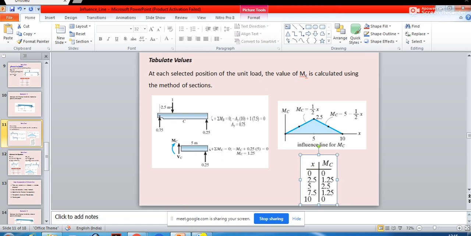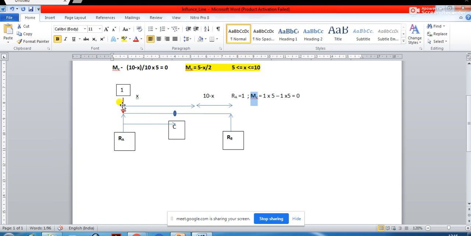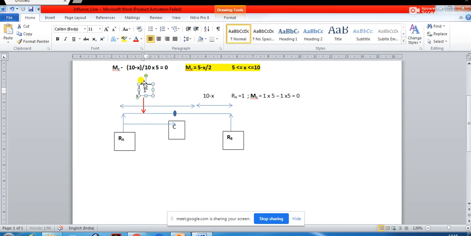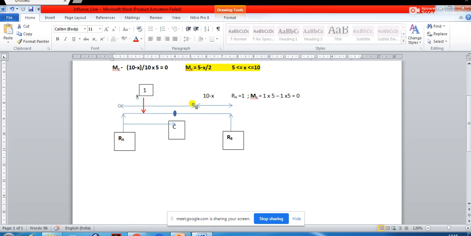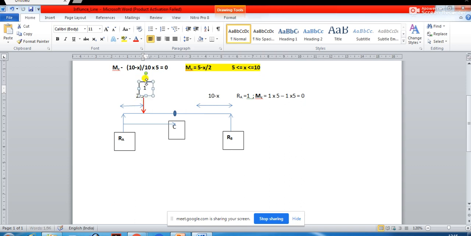Let's say the load starts moving and it reaches a distance here, up to this distance, instead of x, let us write it is 2.5. Is it okay? This 2.5.